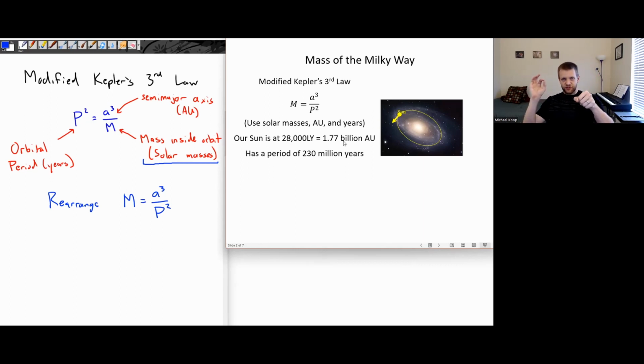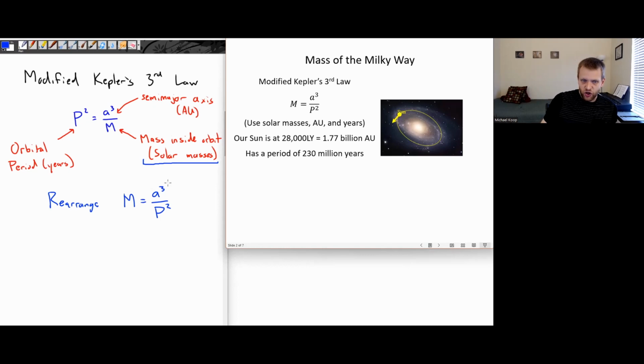Based on how fast the sun is moving relative to the center of the Milky Way galaxy, we can say with a high degree of accuracy that it takes around 230 million years for our sun to fully orbit around the Milky Way galaxy.